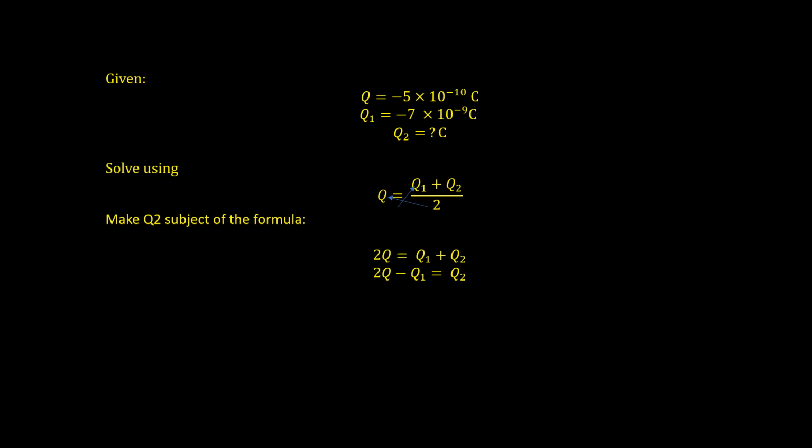Now it's just a matter of substituting the known values of Q and Q1 that we have written down. We find that Q2 equals 2 open bracket minus 5 multiplied by 10 raised to the power of minus 10, close that bracket, minus open a bracket minus 7 multiplied by 10 raised to the power of minus 9, close the brackets.